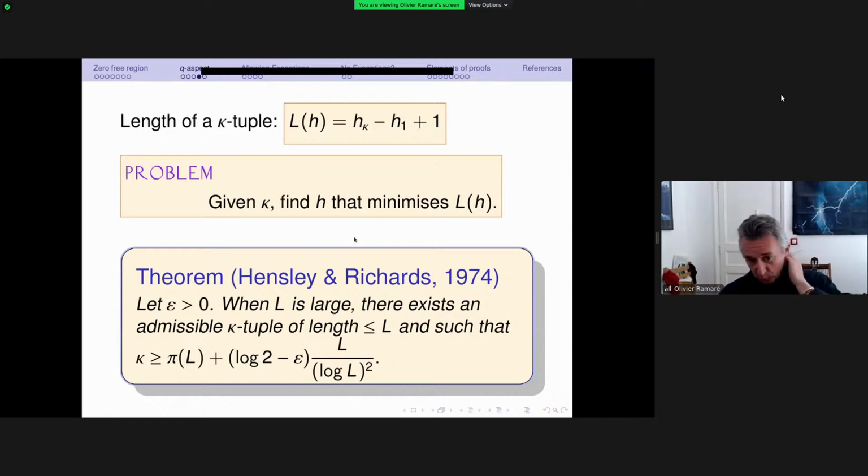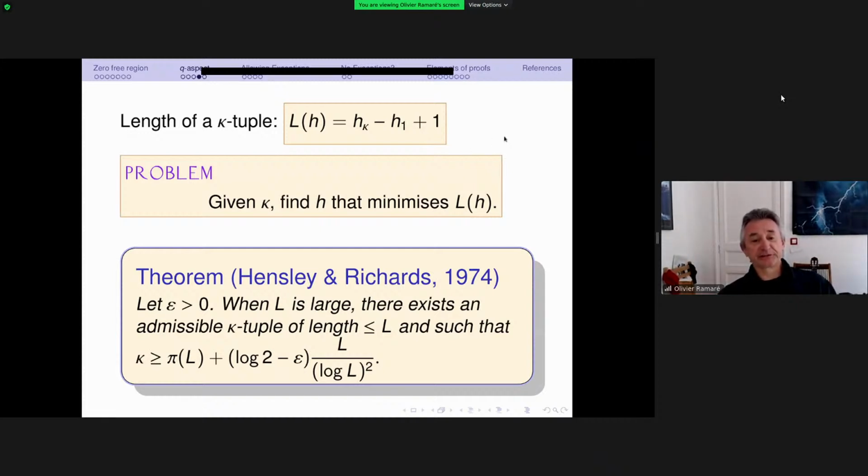And so the way to look at the factor 2 problem is to look at the length of your kappa-tuple, which is the space taken by the smallest and the largest. You want either to get as many primes as you can in this interval, or, once you have kappa, the number of primes, given, to find the smallest interval that contains them.